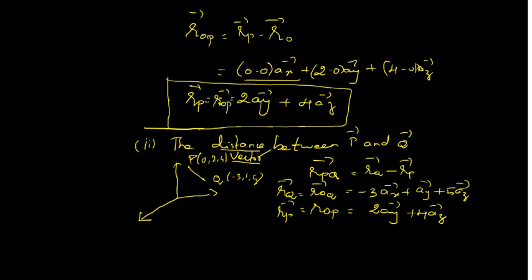Next page. So here RPQ vector is equal to RQ minus RP, so minus 3.